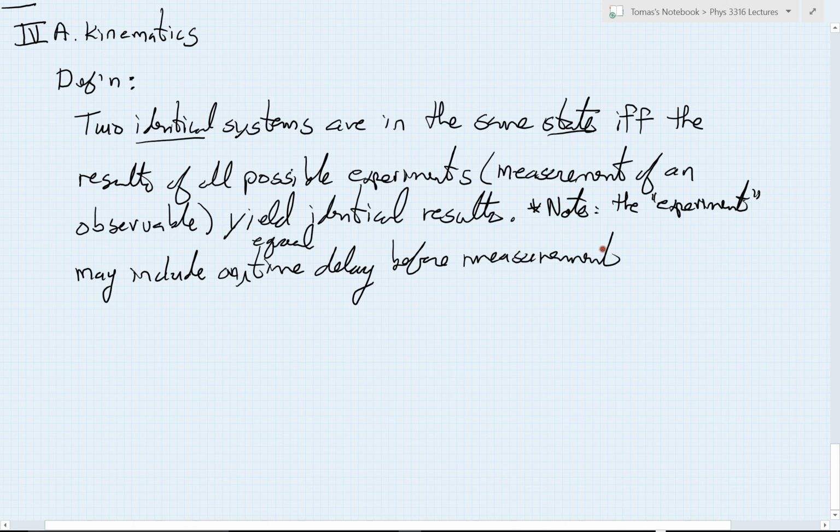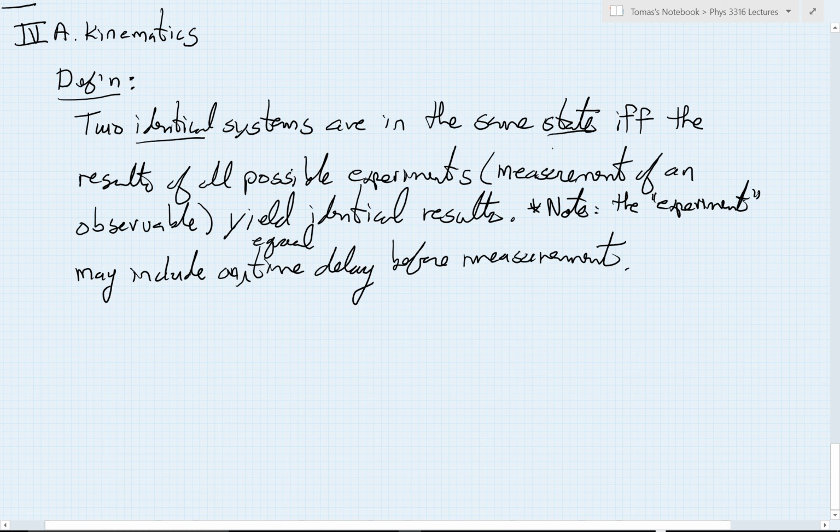And I hope you can see that in this definition, the definition is constructed really to allow us to carry out science. Because in science, I need my experiments to be reproducible and to be predictable. The reproducibility comes about from the idea that once I have these two systems that are in the same state, right, I can reproduce exactly the same experimental results on the two systems.